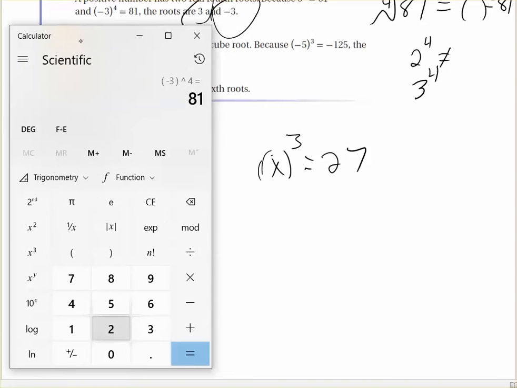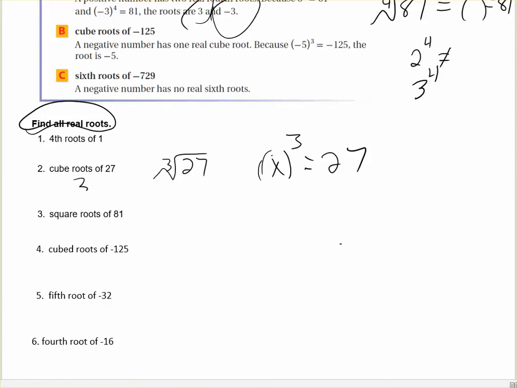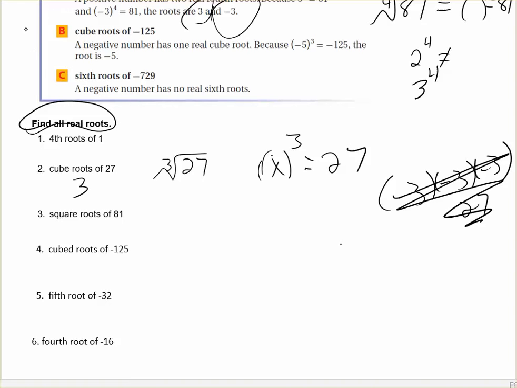You can say, well, 2 to the third power, there's actually a third power on this version of the calculator. 2 to the third power is 8. 3, I can use this again, to the third power is 27. Oh, so I found my answer. It's 3. Should it also be negative 3? No, because negative 3 times negative 3 times negative 3 would be a negative 27, which is not what I'm looking for. I was looking for the cubed root of a positive 27.